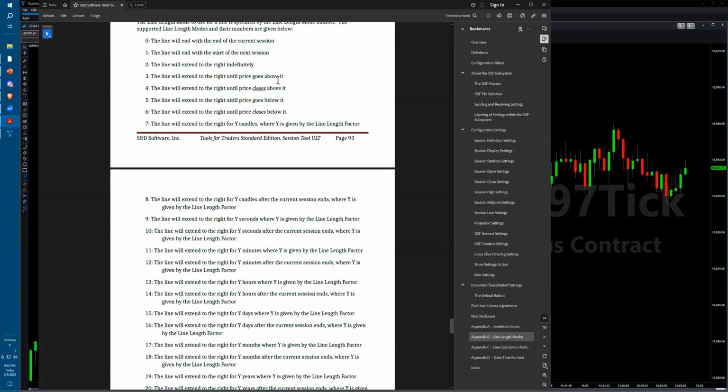If we've defined our session to be regular, the entire regular trading hours, then the line on the chart will represent the high of the regular trading hours. That line would extend to the right until price goes above it. And with method number 3, price just has to wick above it for the line to end. With method number 4, the line won't end until price actually closes above it.